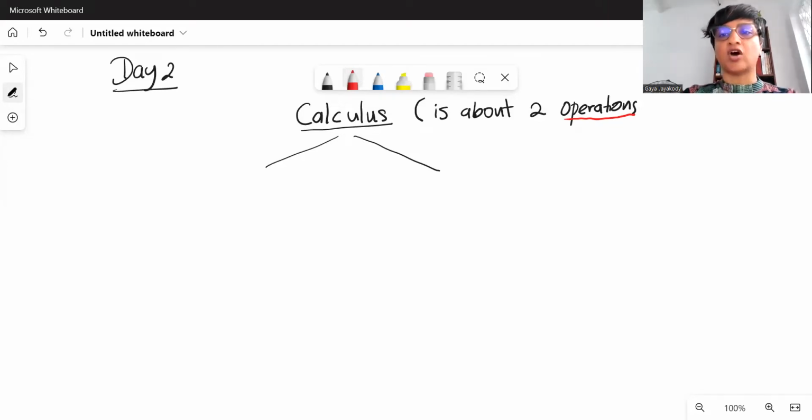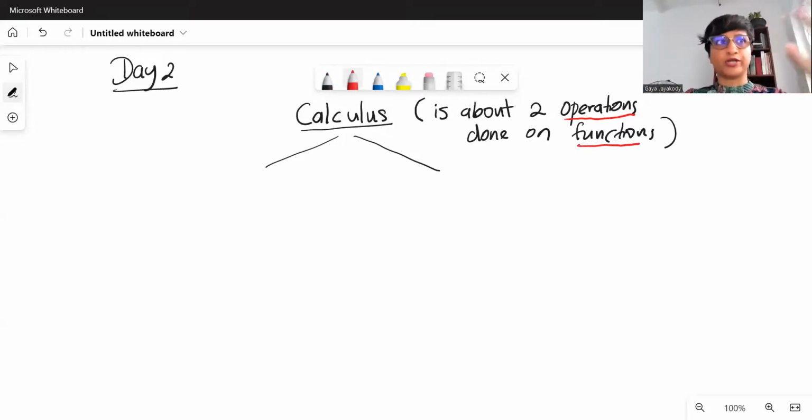These operations are done on functions. You take a function and you operate on it. You do an operation on it and you get another function.